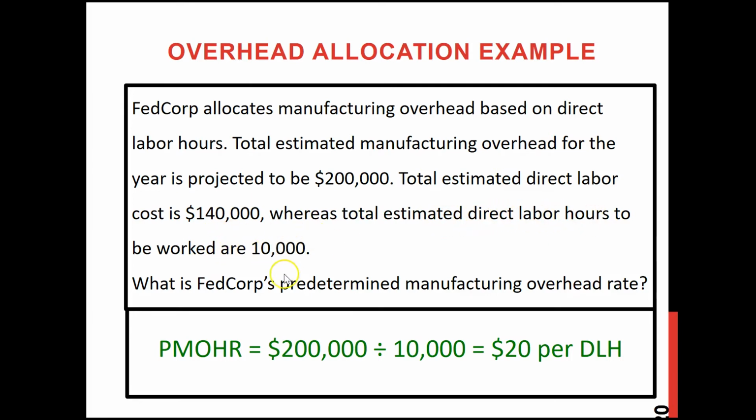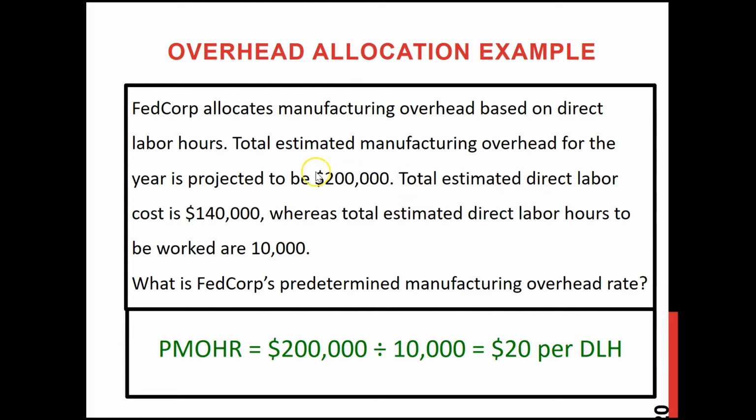Now we need to calculate the predetermined manufacturing overhead rate. You remember the formula. You need to know both estimated items. One is the total estimated manufacturing overhead cost, divided by the other item, which is your total amount of allocation base. And in this example, it is direct labor hours.